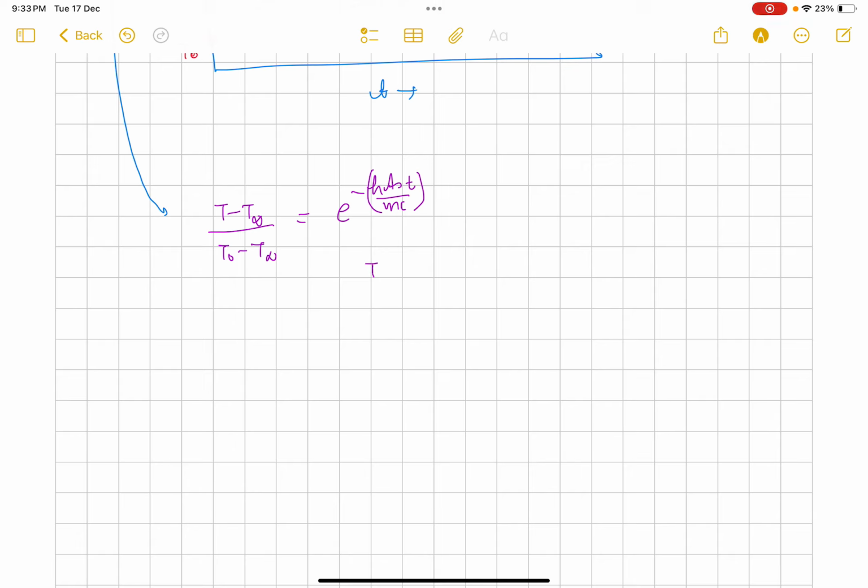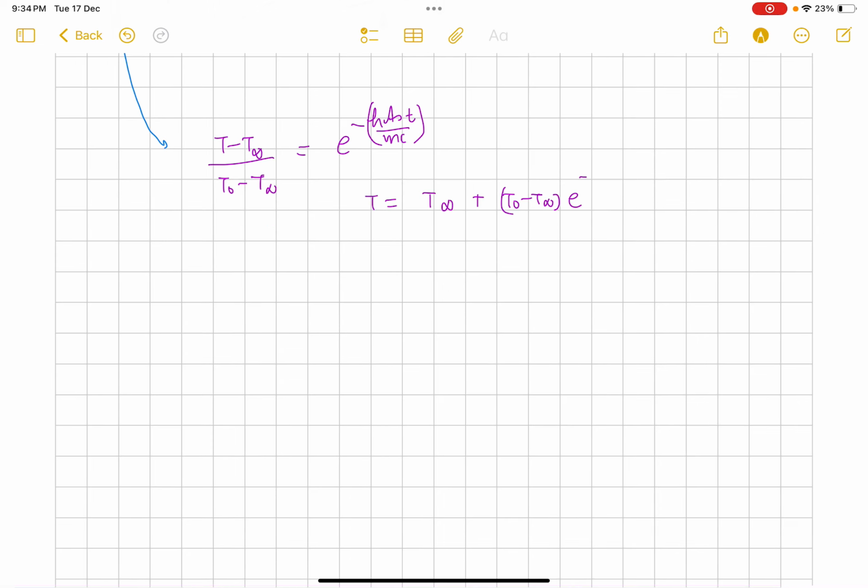So if we write it like T = T∞ + (T0 − T∞) times e^(−hAs t/mc), right? So temperature is a function of time only.